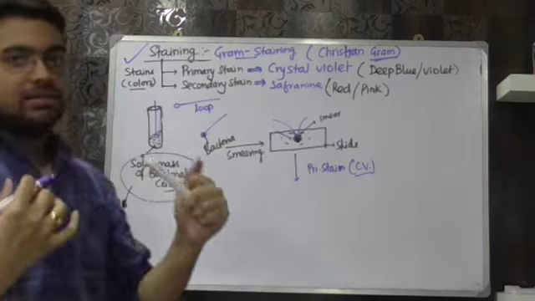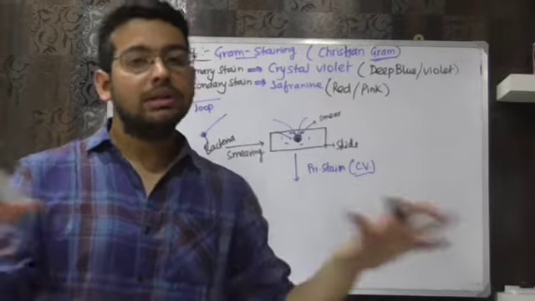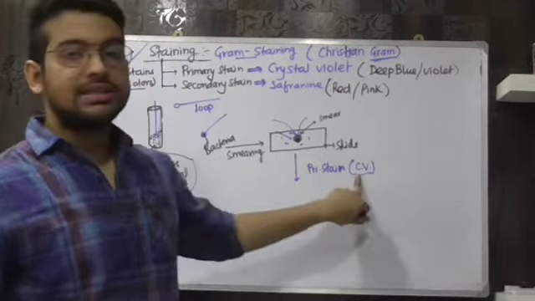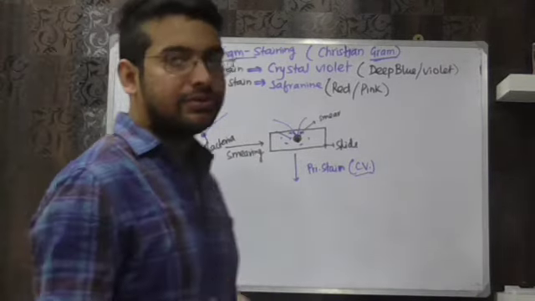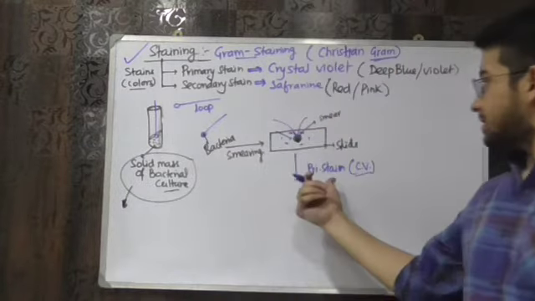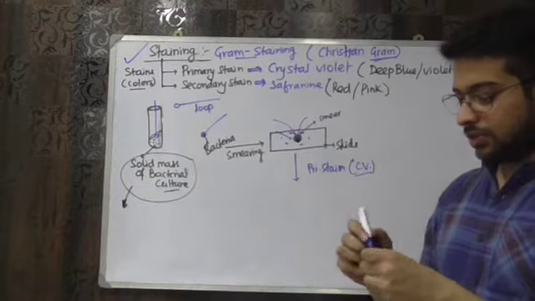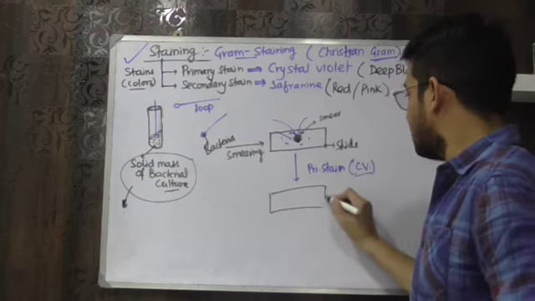All the bacteria, gram-positive and gram-negative, will take up this crystal violet, and they will become colored. If someone throws colors on your body, then you will be colored. That's the case with these bacteria. All the bacteria become colored.